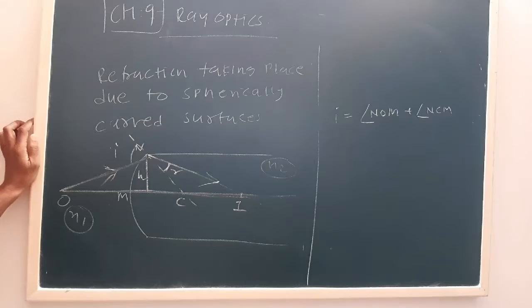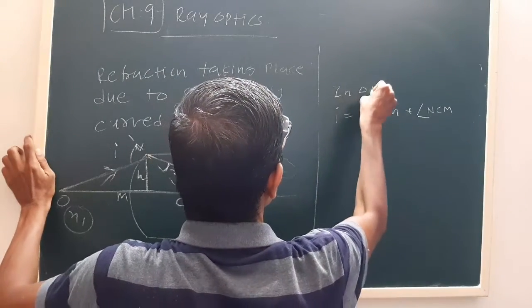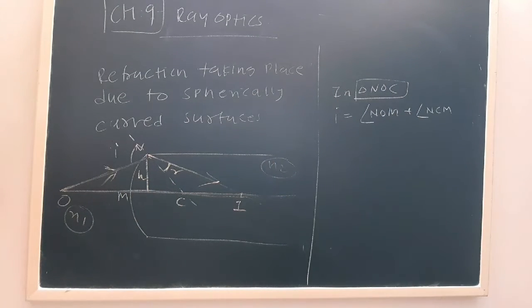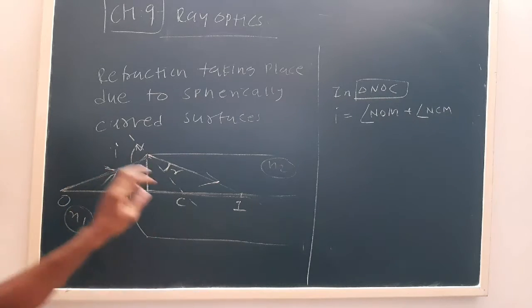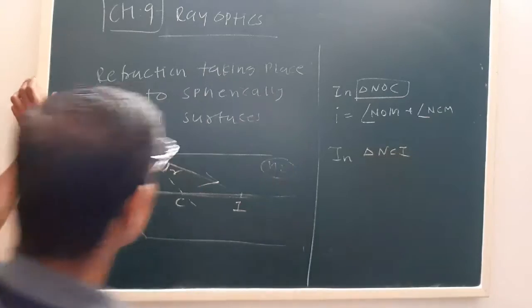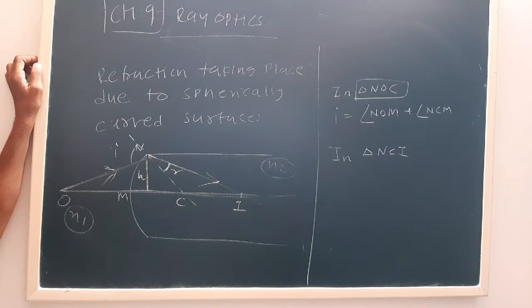Now in triangle NCI, the angle NCM is the exterior angle, we can easily check.